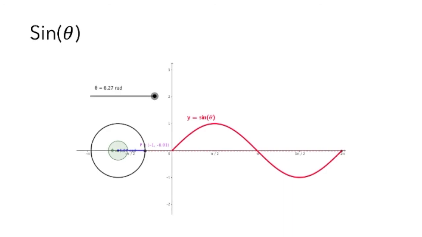This is a graph of the function sine of theta. What would a graph of the derivative of this function look like? Let's rewind this.